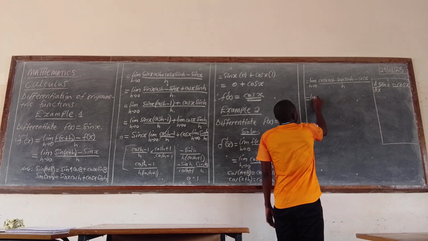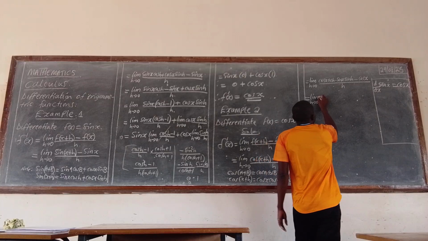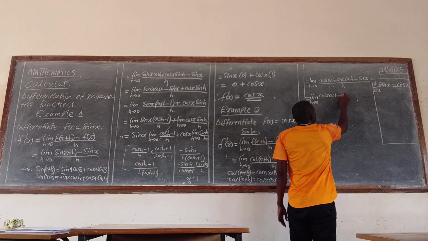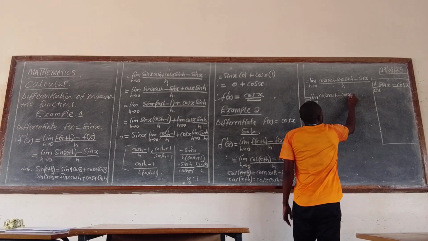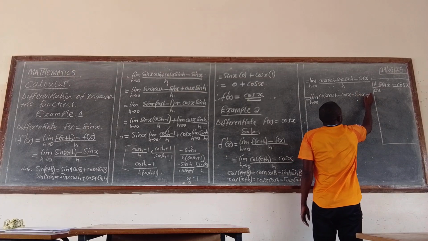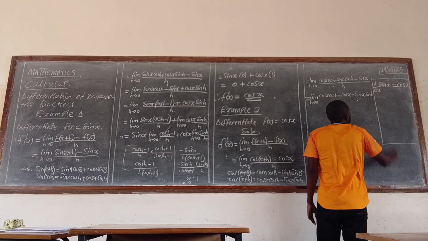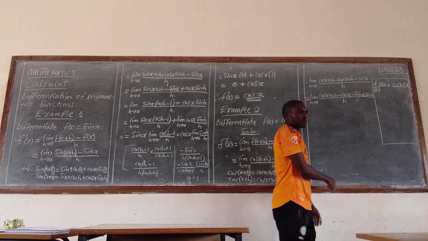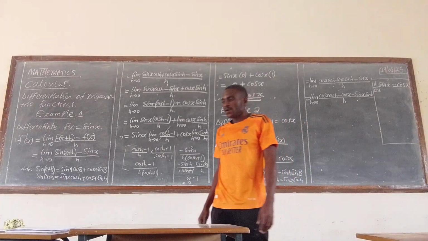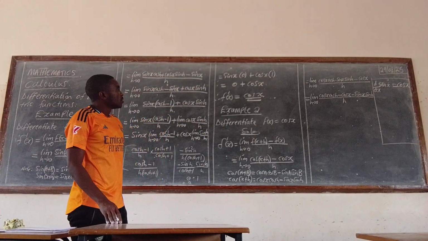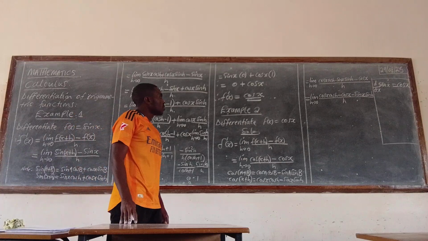So we're going to say the limit as h approaches 0 of cos x cos h minus cos x, minus sin x sin h, divided by h. Don't forget. Now we can factor out the cos x.